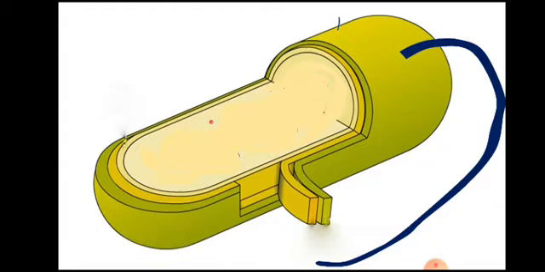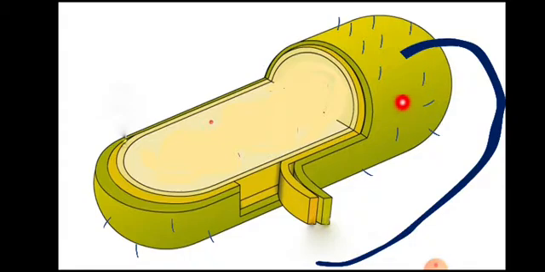This pilus may be present in multiples. Now they are called pili. So a single bacterium may have 10 to 100 pili or fimbriae, which have specific functions that we'll learn later on.